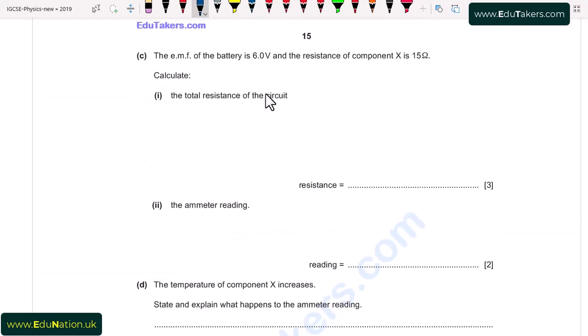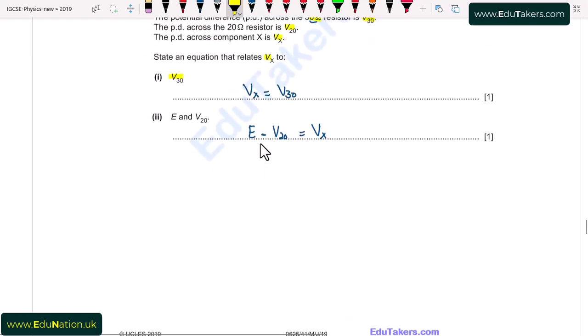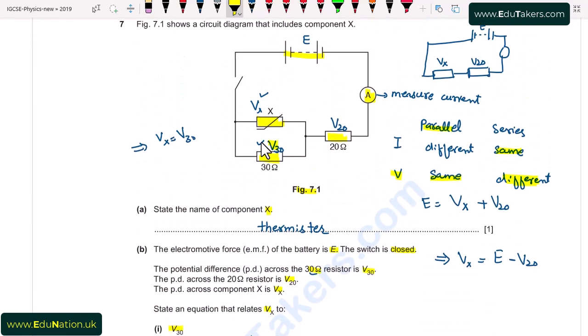Part C. The EMF of the battery is 6.0 volt and the resistance of component X is 15 ohms. Calculate part 1, the total resistance of the circuit. Here in this part we have to calculate the total resistance of the circuit. So going back to the diagram, it is given that the resistance of the X component is 15 ohms.